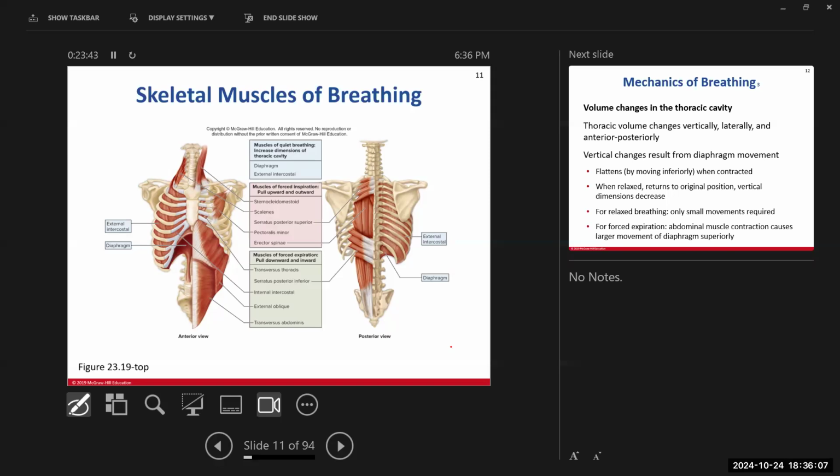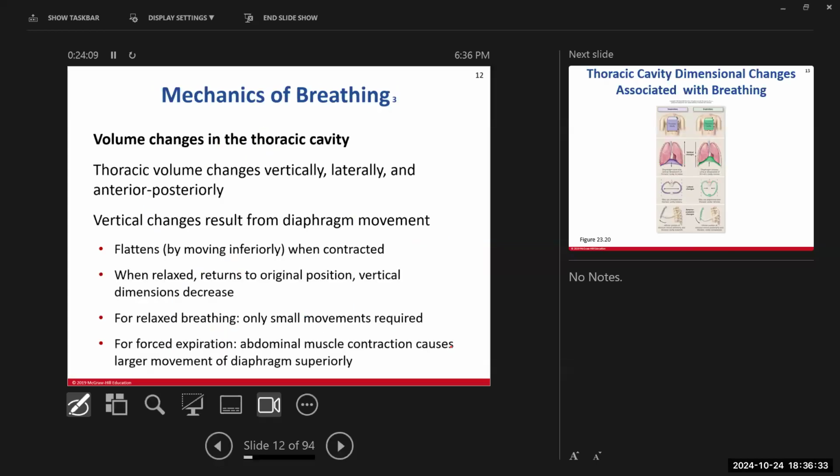And you can see all of those will help to pull the ribs up and out, front and back, and increase the dimensions of the thoracic cavity, superior and inferior there. And then the muscles for forced expiration, you can see they're more inferior, and they're going to pull everything back in and back down. I don't want to spend too much time on that because I want to spend a lot of time on this, the mechanics of breathing.